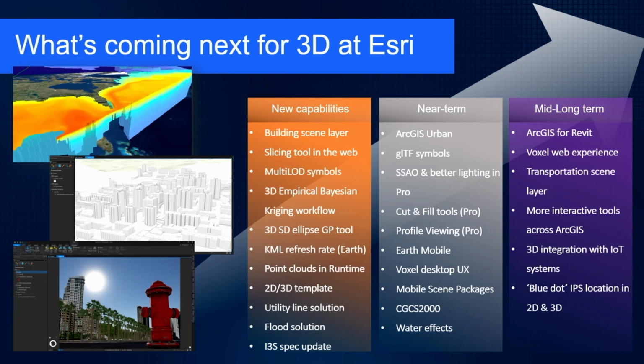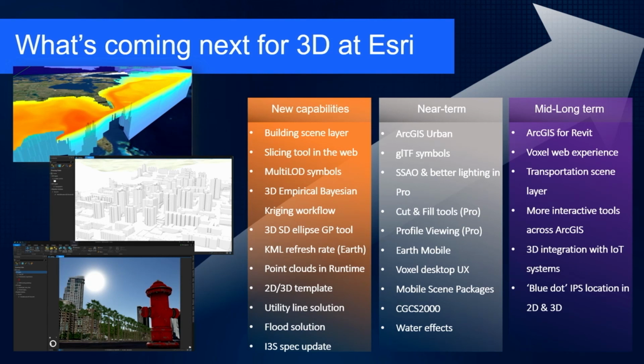In the near term, we're releasing ArcGIS Urban this summer. For those of you who know what glTF is, we're working on a glTF upload workflow, which Raluca kind of accidentally showed earlier. There's a lot more intended to be in that upload workflow in the long run. Pro is getting better lighting and water effects, and if you go to the Pro road ahead session, they'll show you what that looks like.